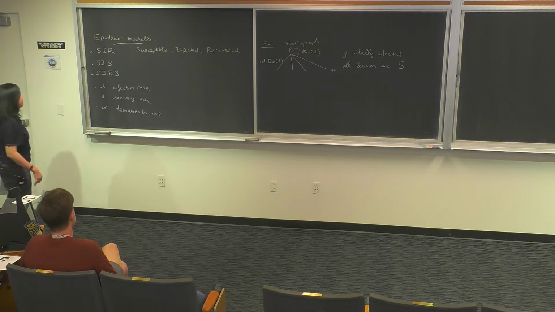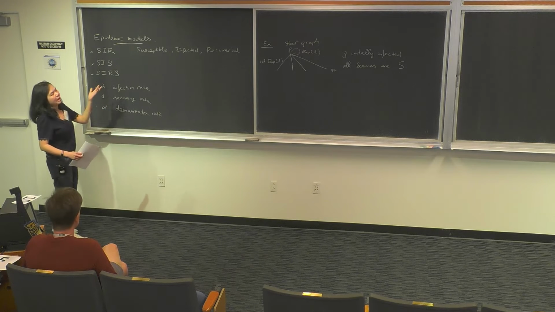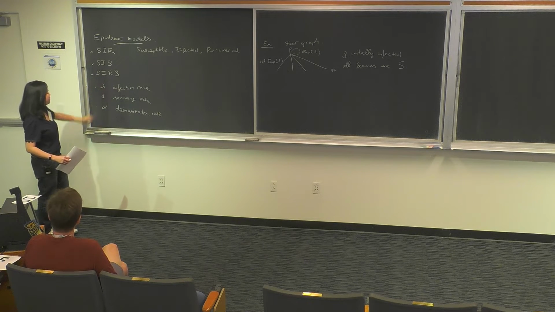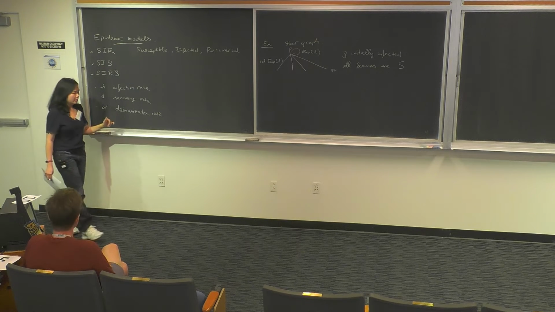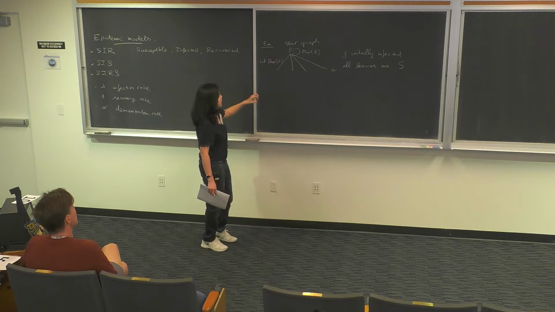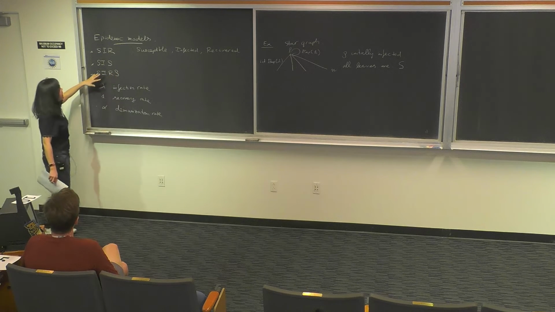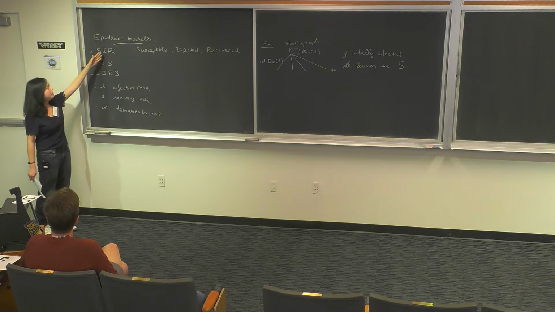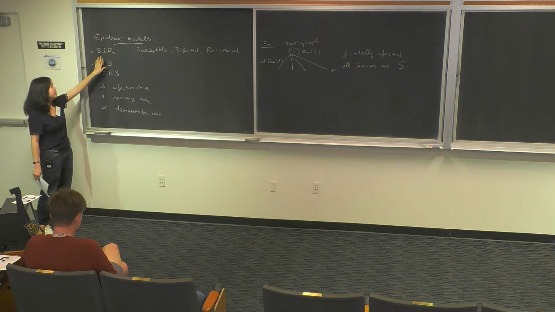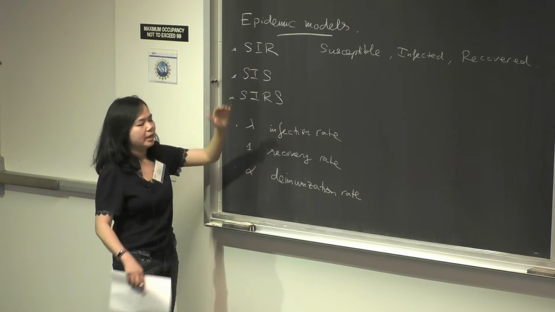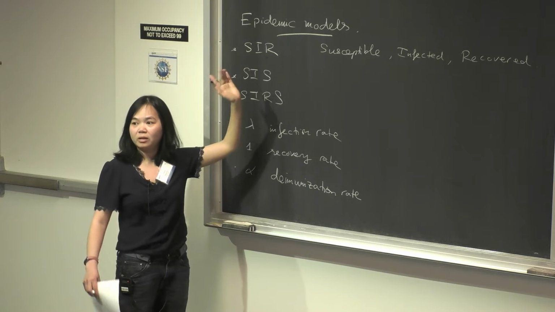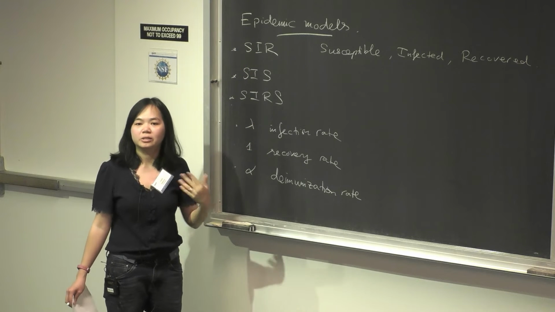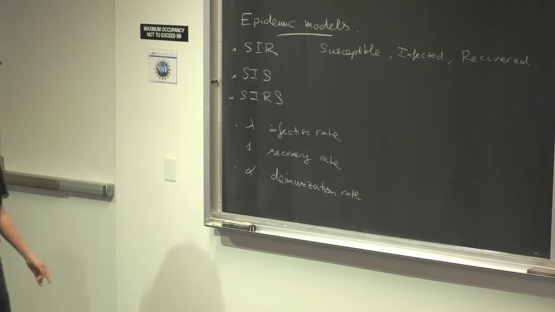And the question of interest would be, is there a phase transition? What are the values of the parameters at the phase transition? How long does it take for the process to terminate? For all of these processes, it terminates when there's nobody infected anymore. So either everyone, after some time, will be susceptible or recovered, and if there's nobody infected, then there are no more changes to the network.